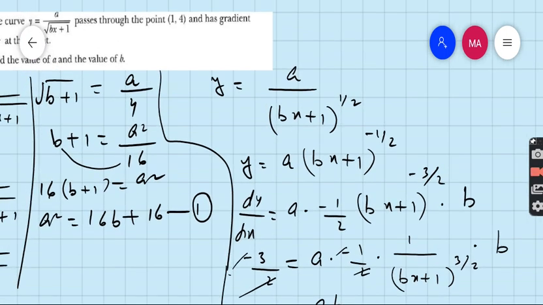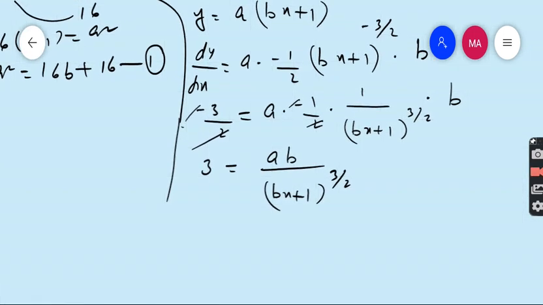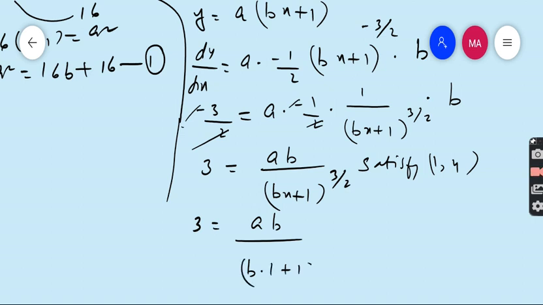The value of the coordinate is given, 1, 4. So satisfy this by 1 comma 4. So 3 is equal to ab upon b into x, x is 1, plus 1 to the power 3 upon 2. So it is 3 is equal to ab upon b plus 1 to the power 3 upon 2.